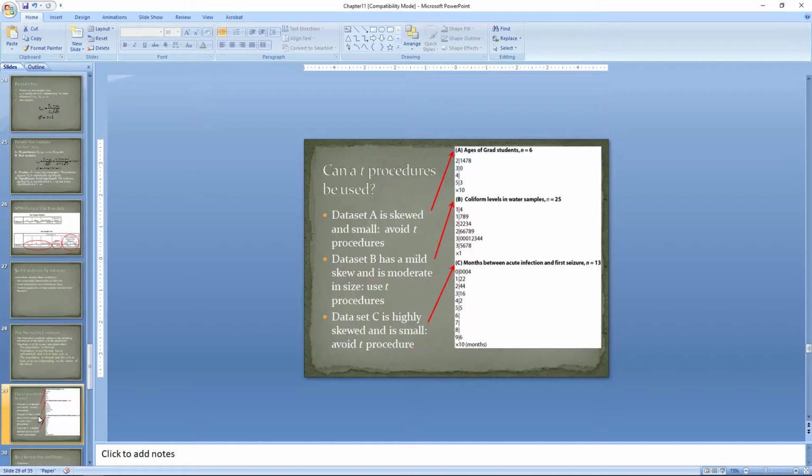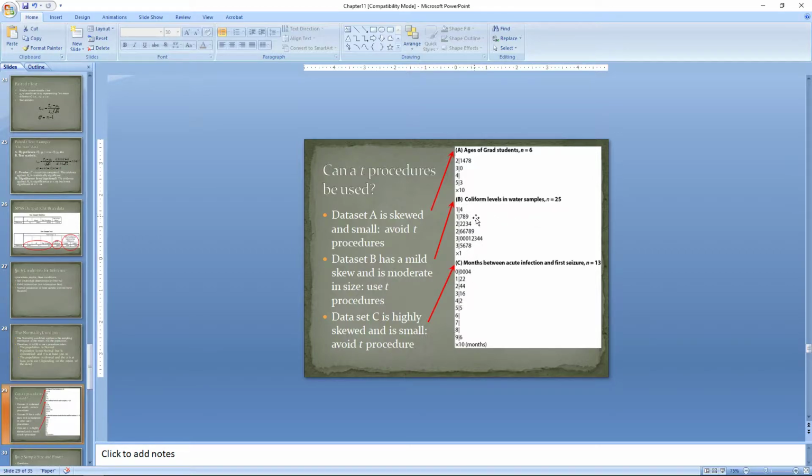A couple examples of this: data set A is skewed and small. As we can see from the shape in the stem and leaf plot, it's skewed and it only has 6 people in the study. Therefore, we would want to avoid the t-test procedures. Dataset B has a mild skew and is moderate size, so we're going to use t-test procedures.